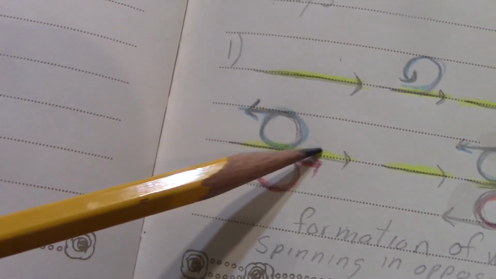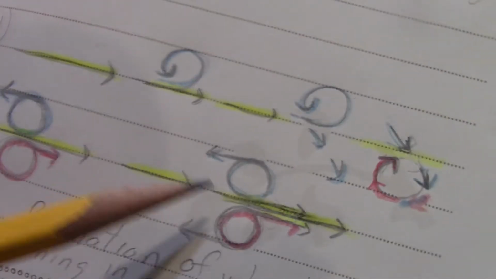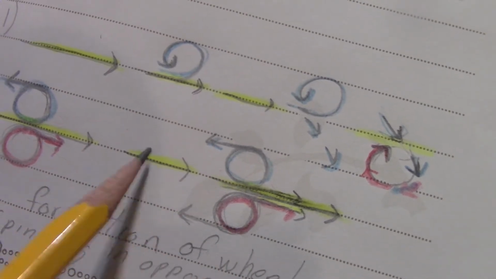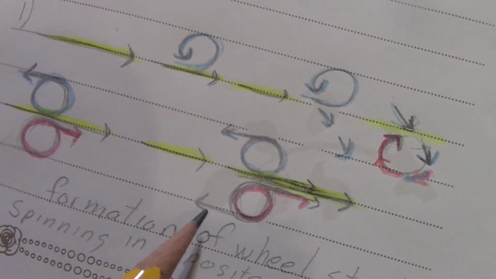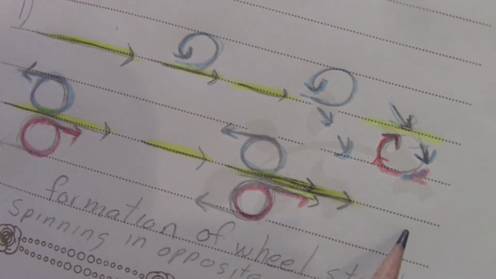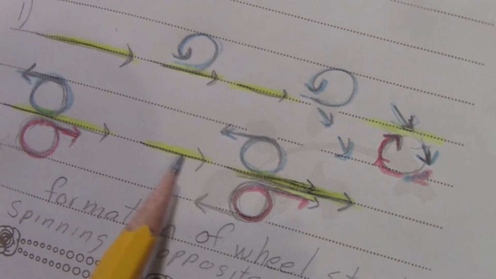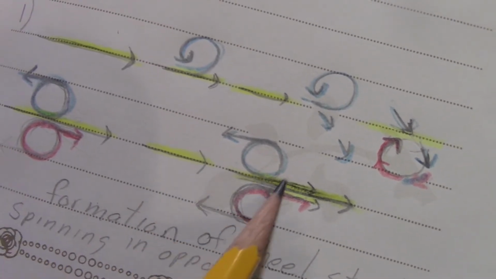So this is going to have a spin going this way, and this one's going to have a spin going this way. So the result of that is going to be, as the current is going through, I know it's going to be hard to see this on my diagram, there's going to be a current going through and a back current on both of these. Because you have to remember, this is going to go this way also. And this is going to go this way.